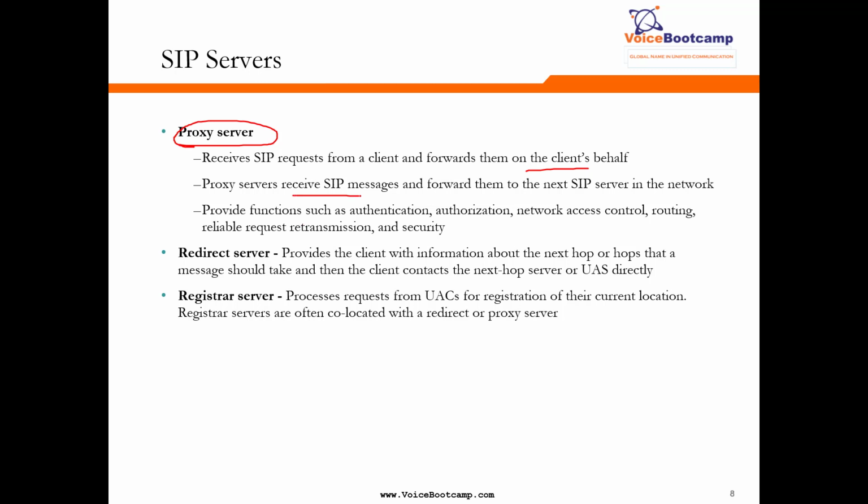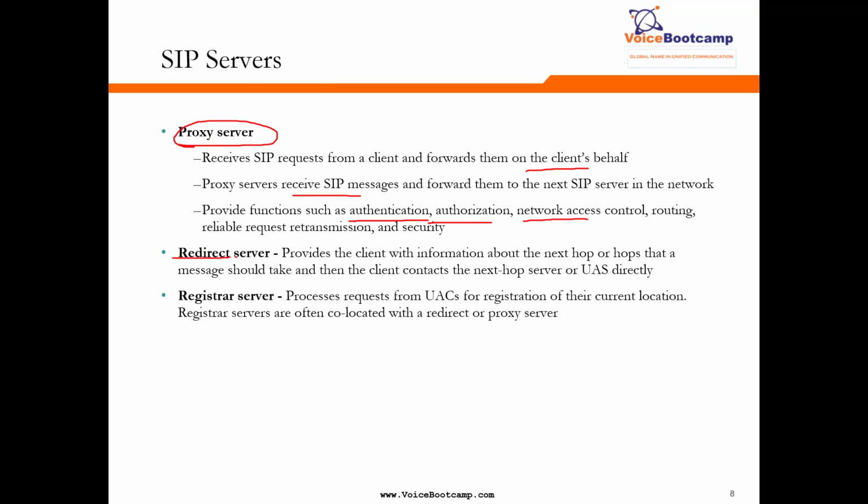It will receive SIP messages and forward them to the next SIP server in the network based on predefined configuration. In addition to call routing, a SIP proxy server also provides functions such as authentication, authorization, network access control, reliable request retransmission, and security. Now, that is a SIP proxy server, which is a dedicated server.